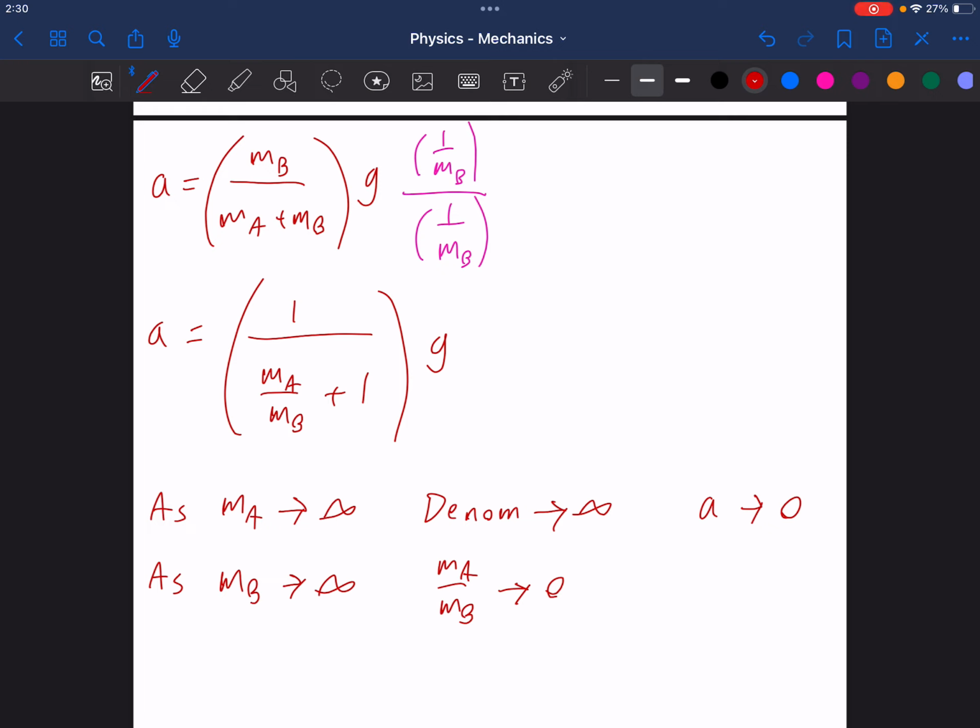If this term is going to 0, I just get 1 over 1 times g, so my acceleration ends up heading towards g. So in the limit of an extremely massive object hanging from this system, the fastest the system can move is g, right? Nothing's going to fall faster than g when the only external force on the system is gravity.